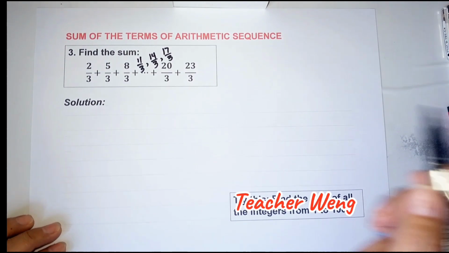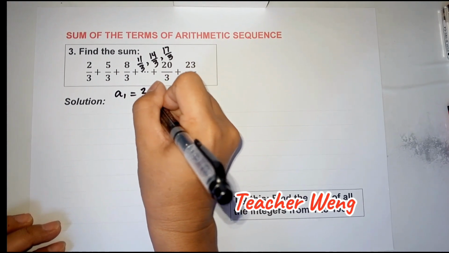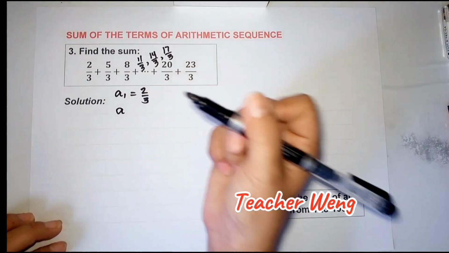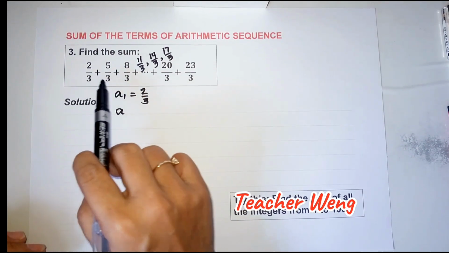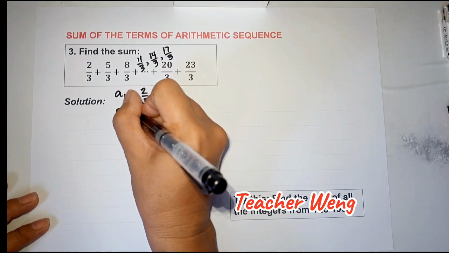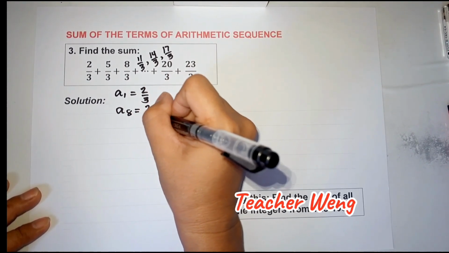Thus, our first term, a sub 1, is 2/3. Our last term, counting 1, 2, 3, 4, 5, 6, 7, 8, there are 8 terms. Our a sub n, or a sub 8, is 23 over 3.